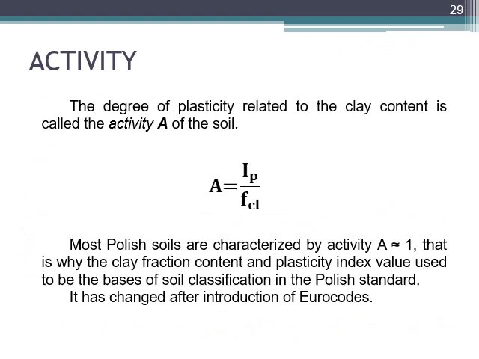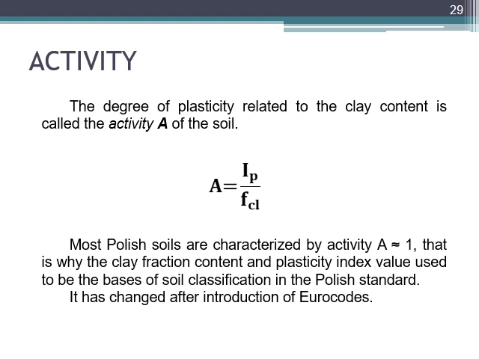The ratio of the plasticity index and the content of the clay fraction is called the activity of soil. Sometimes we call it colloidal activity of soil. Most Polish soils are characterized with the activity equal to 1.